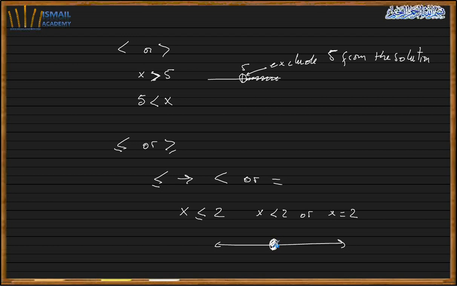By filling the circle, I mean I include 2 in my set of solutions. So if I have x is less than, this is the left side, and 2 is part of the solution. So this is how we draw the solution of an inequality after we solve it.